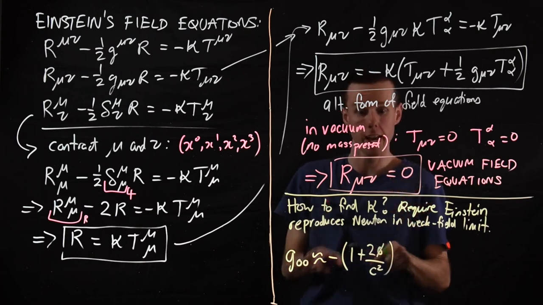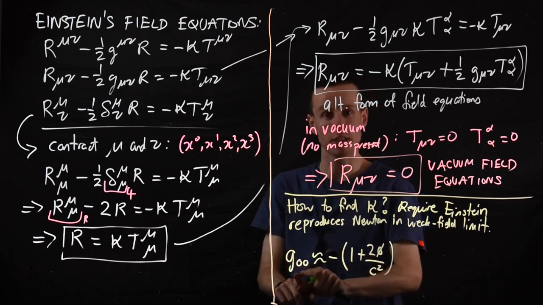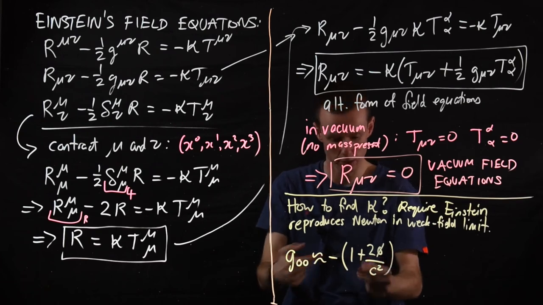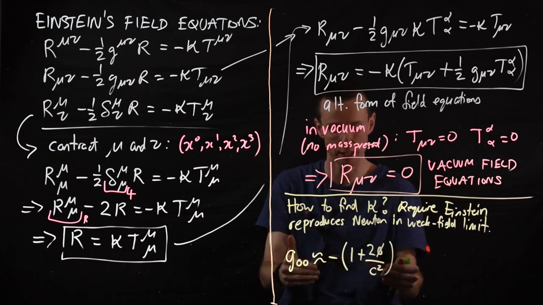That really hammers home, I hope, this idea that the metric tensor is analogous to the gravitational potential. There's a very important direct relationship between the two that becomes evident in the weak field limit.